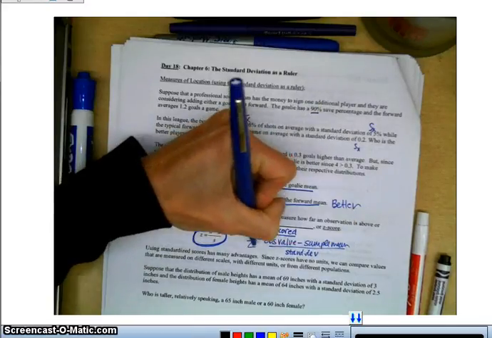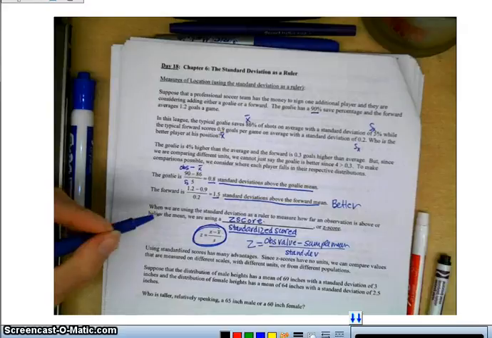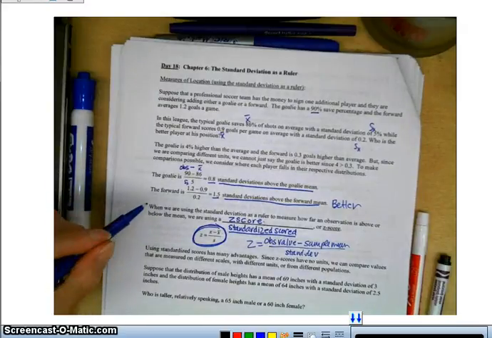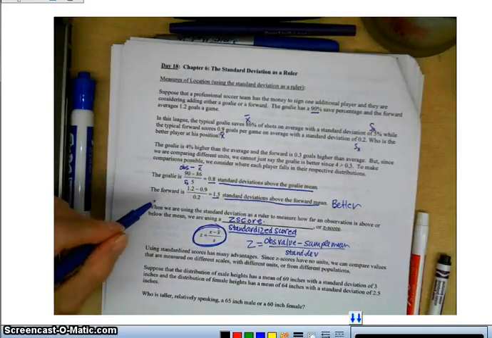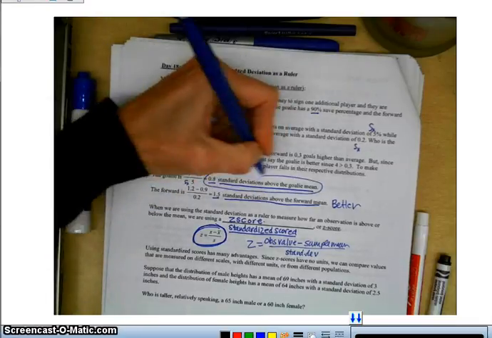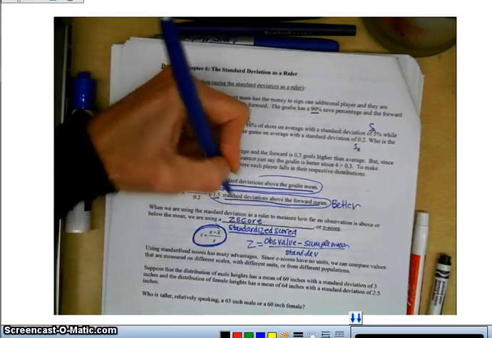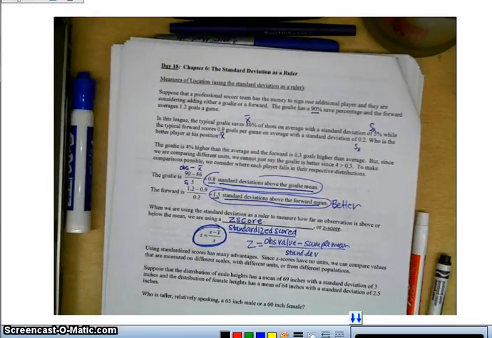And that is a z-score. A z-score measures how far you are above or below the mean, in how many standard deviations. This is key phrasing for when you name a z-score.